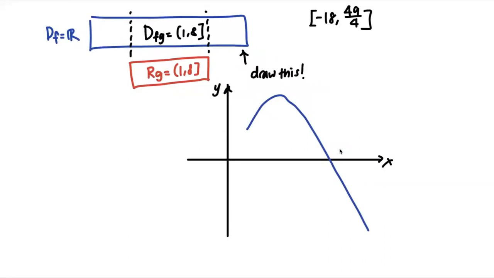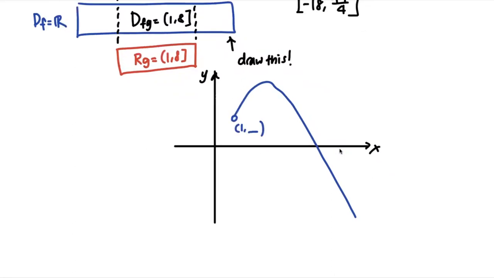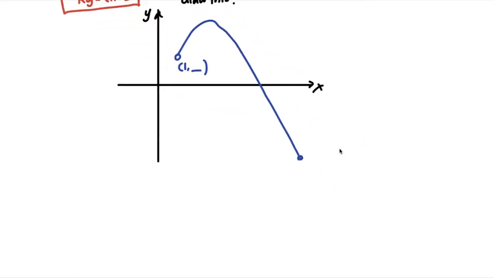Now we label the endpoints. We know that here, this is an exclusion. This is 1, I forgot what's the value. Okay, not very important. Here, this is an inclusion of 8 and negative 18.